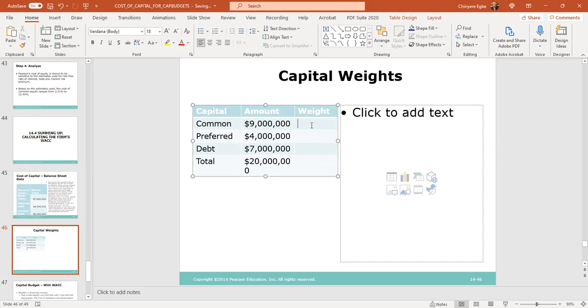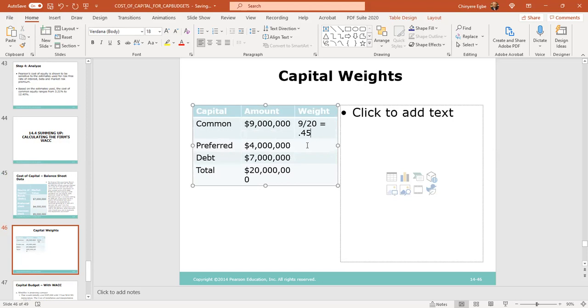And so this will be 9 over 20. 9 over 20 is 0.45.